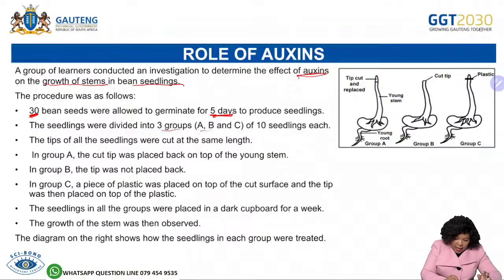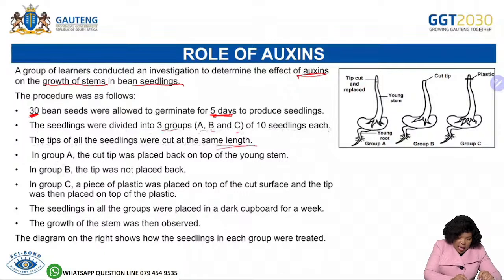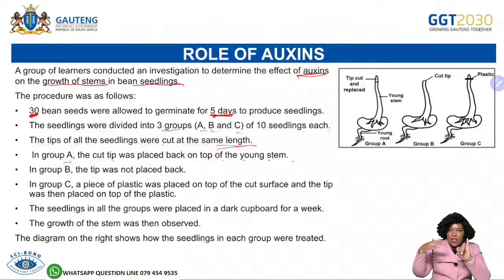So group A had 10, B and C of 10 seedlings each. The tips of all the seedlings were cut at the same length. Follow all the 3 in each group, the tips were cut at the same length. And then in group A, the cut tip was placed back on top of the young stem, meaning they cut it in group A and they put it back.